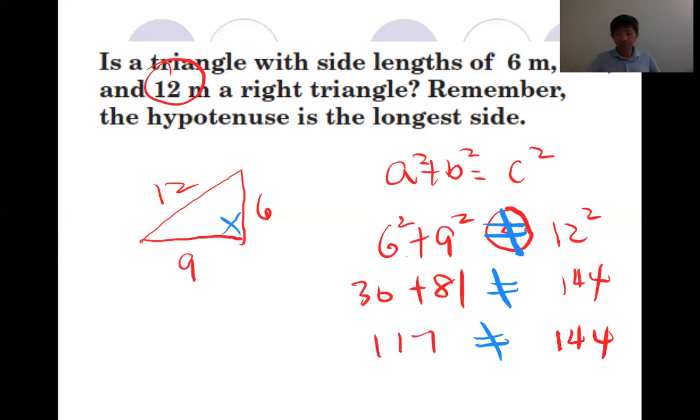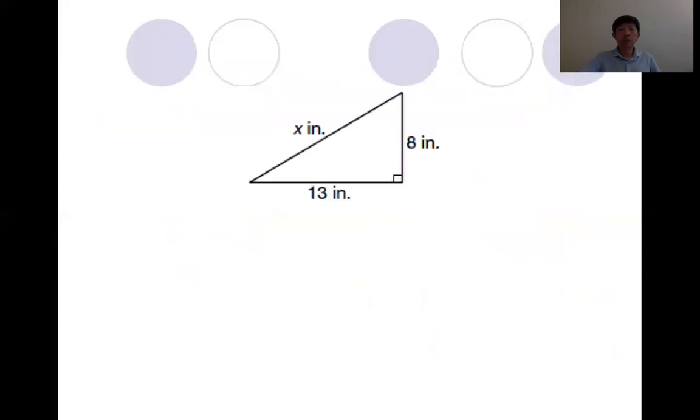Next problem. I want to find out what x is. Now this is a right triangle, so we can use the Pythagorean theorem. We replace a squared plus b squared equals c squared.